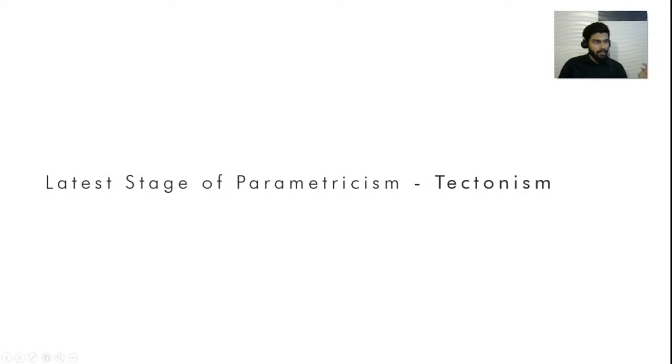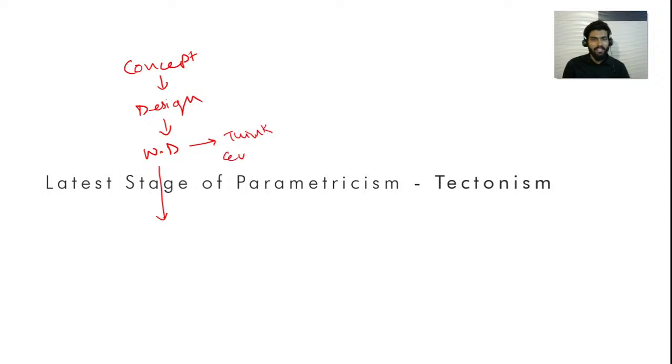Now, Tectonism is a very beautiful, technologically advanced stage of parametricism, in which you also write at the concept. Usually what happens is you have a concept, you make a design, you make working drawings, or technical drawings, or shop drawings out of it, and then while you're making these shop drawings, you think of engineering logics.